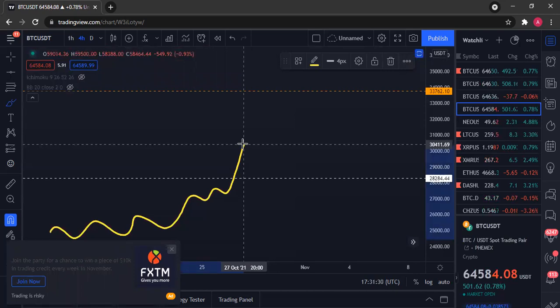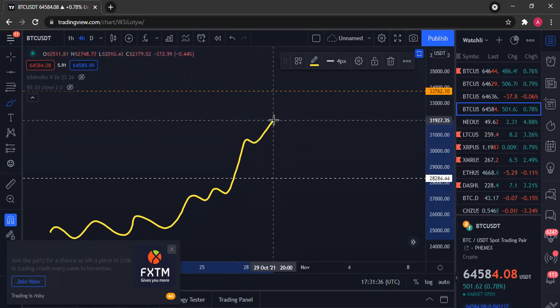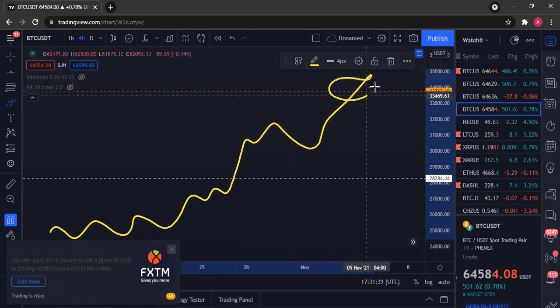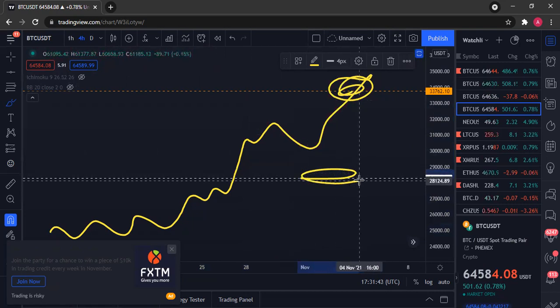The next horizontal line above the current market price is that orange resistance. So this is the next resistance now, because it's above the current market price, while this one is now the support because it's below the current market price. So when a support is broken, it turns into a resistance, and when a resistance is broken, it turns into a support.